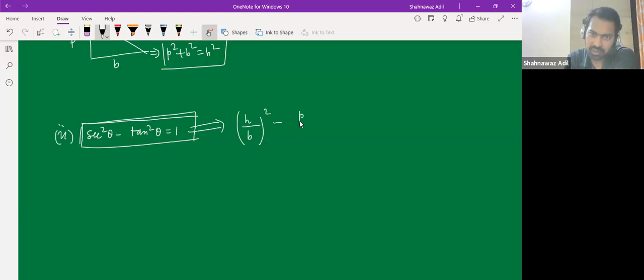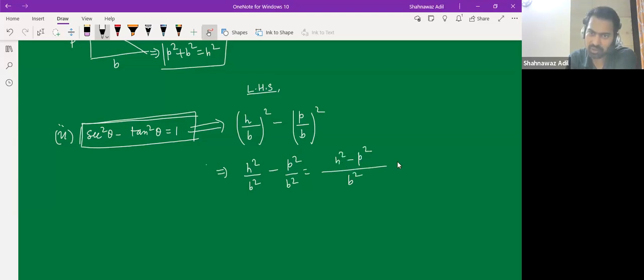This is perpendicular by base, right? So we have, this is LHS. So we have hypotenuse square by base square minus perpendicular square by base square. So base square is common, and we have hypotenuse square minus perpendicular square.